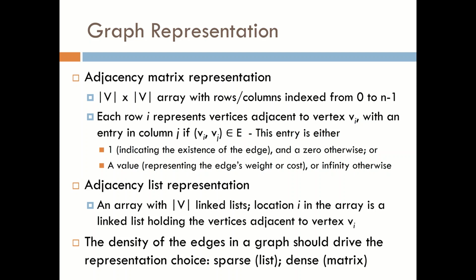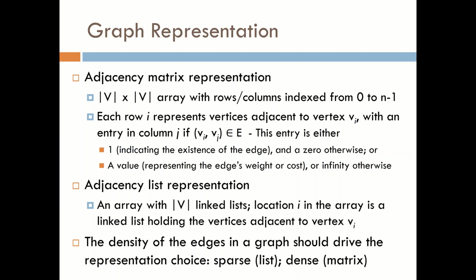Now, how do we represent graphs in computation? There are a couple of primary methods. So first of all, we have the adjacency matrix representation, which is a two-dimensional matrix, cardinality of V by cardinality of V. And again, you'll remember that those are the number of vertices. And the rows and columns are indexed from 0 to n minus 1.